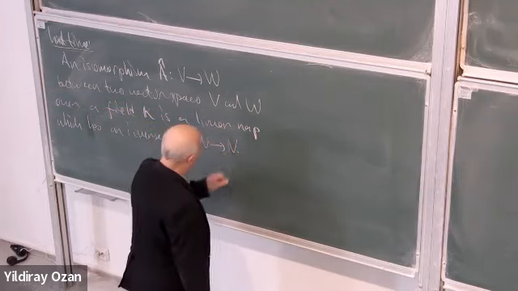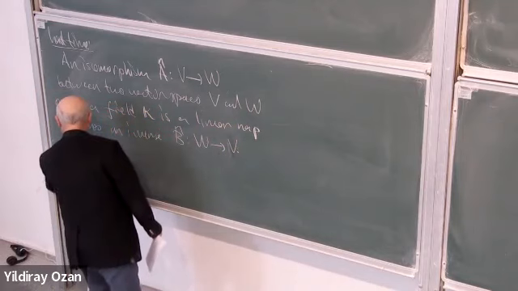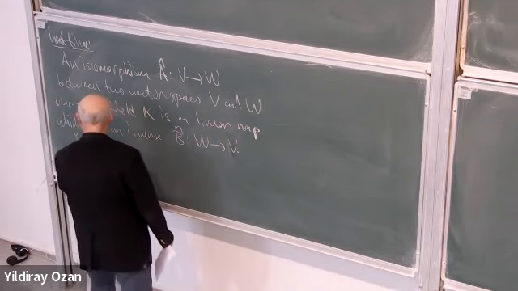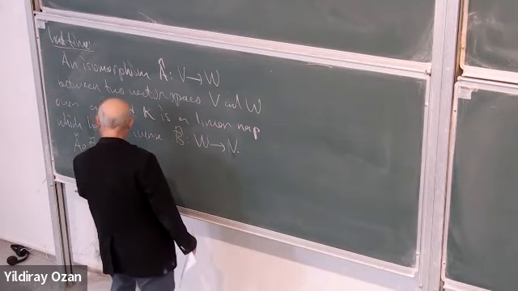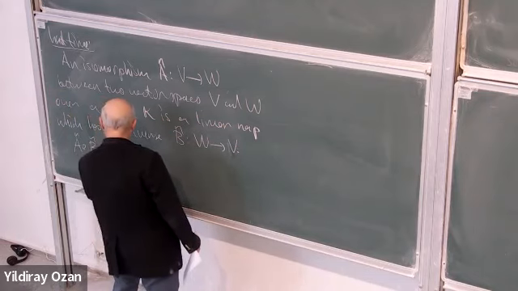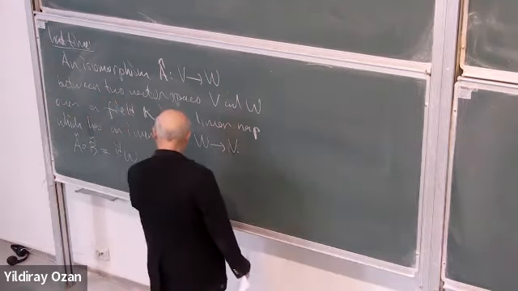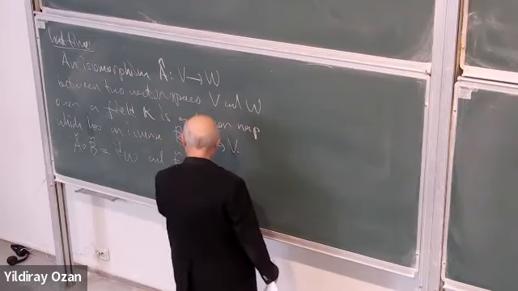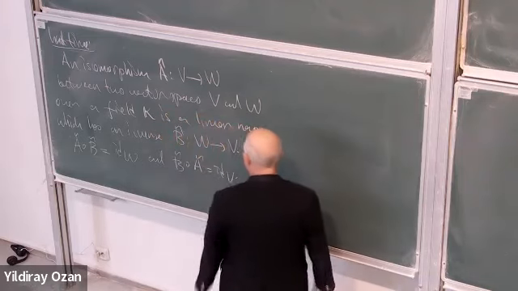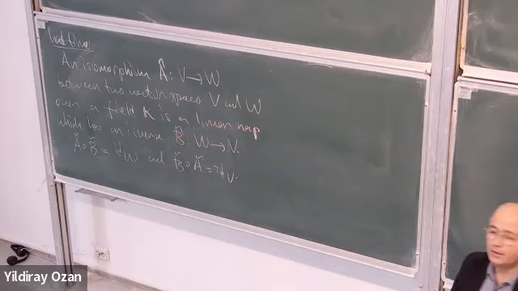What we mean by inverse is this, right? A hat composition B hat is just the identity of W, and B hat composition A hat is the identity of V, okay?